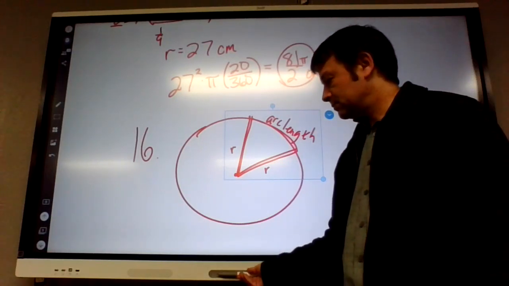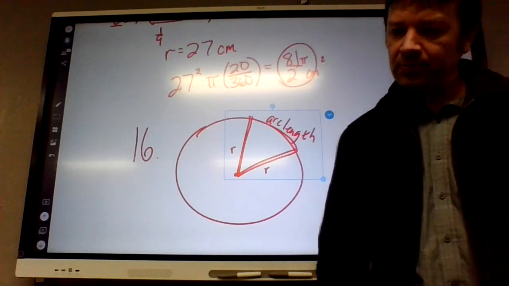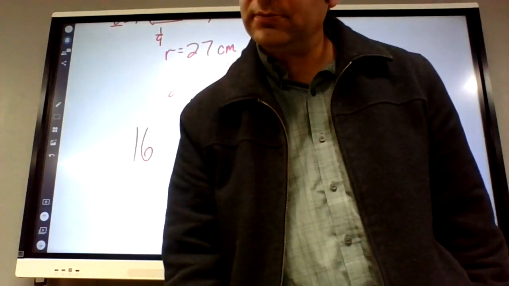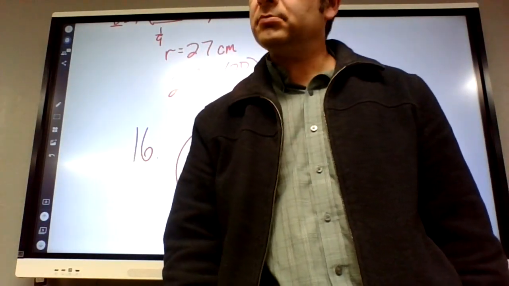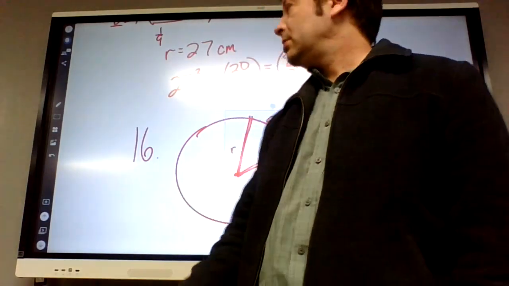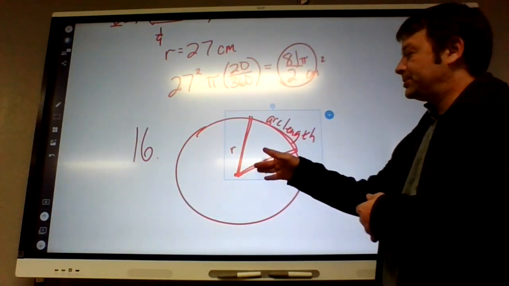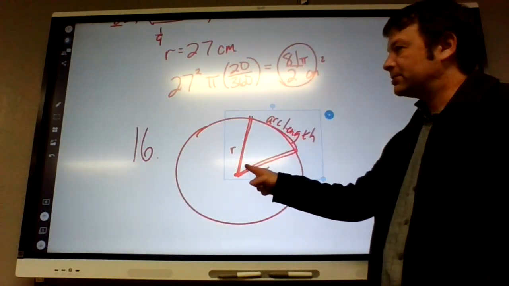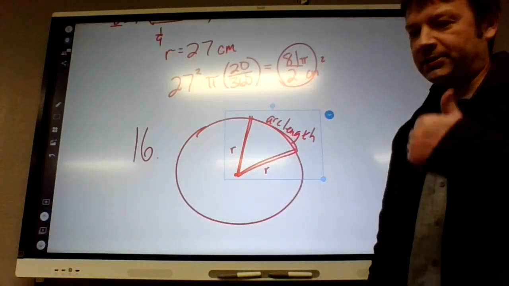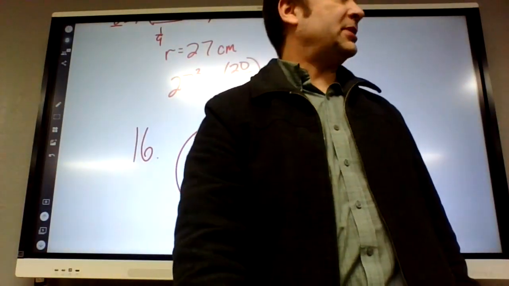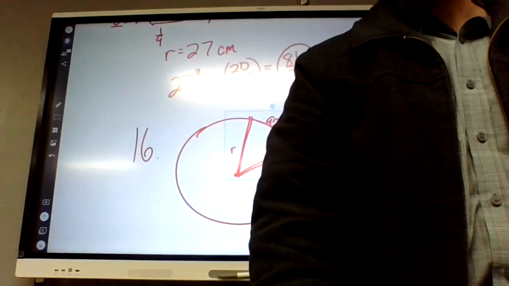On the other one, you would add 14. Yes, that's separate from the arc. You do arc length plus 2 radii to find the perimeter. All right, we will stop there.